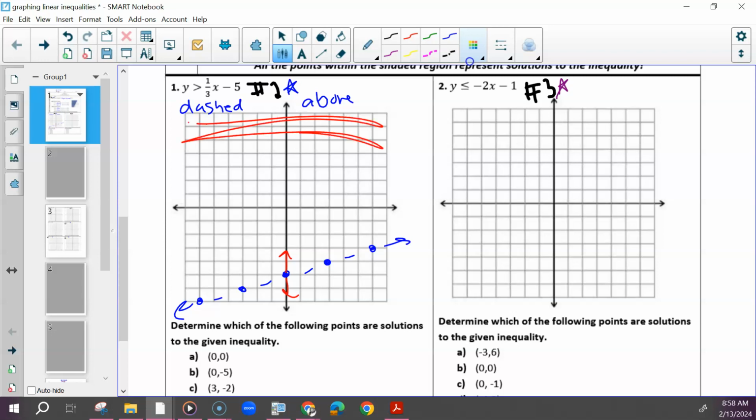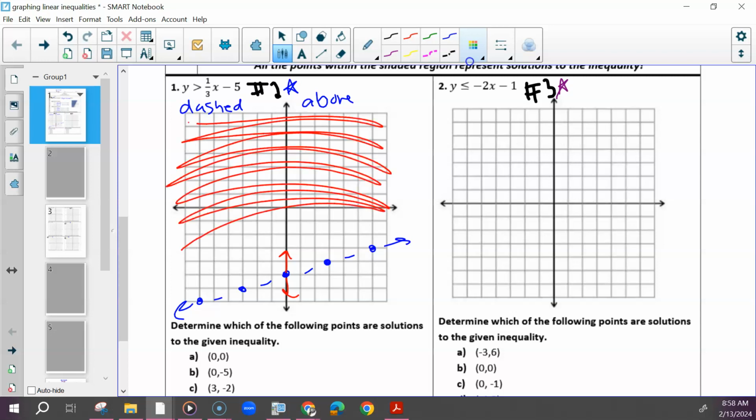And then you can shade every square. You can lazily shade as I'm doing. You can highlight it just somehow to show that this is the shading area. Questions on how the graphing piece works?